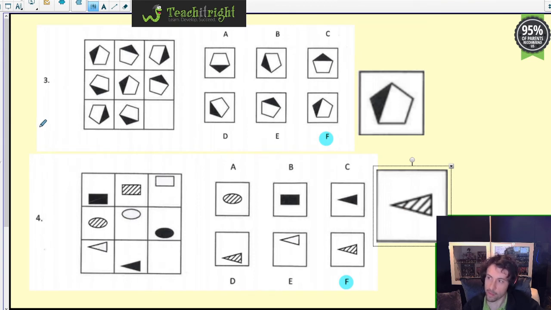Well, I think it needs to be a pentagon. And if we look, is it rotating round each time? I think it is. It's going left, up, right. Then it's going left, up, right. Yeah, so I think what we've got here is each time the corner that's shaded is rotating around. So we're going to want it to be a little pentagon.